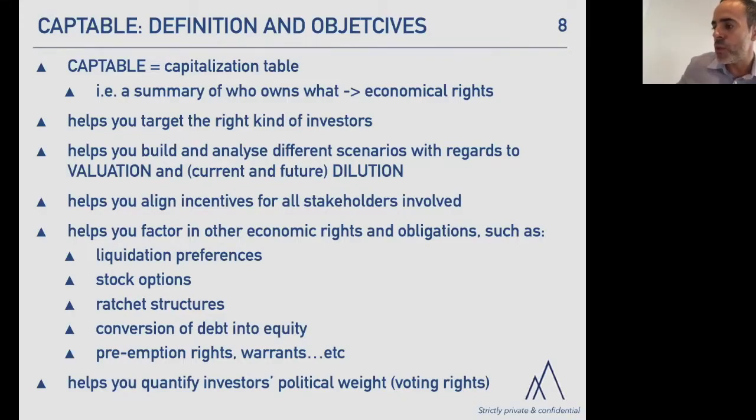So a preemption right is basically the right for existing shareholders to buy shares in a new capital increase in order to maintain their position.